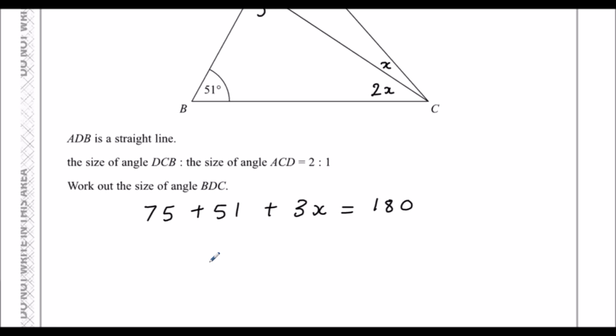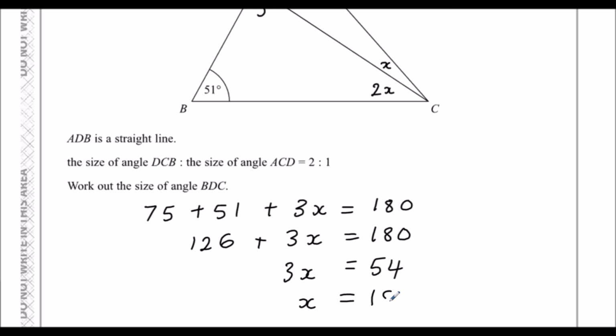75 and 51, if we add them together, we get 126. So 126 plus 3x equals 180. We want to get x by itself, so let's take 126 away from both sides. 3x is equal to 54, and then divide both sides by 3. 54 over 3 is 18.